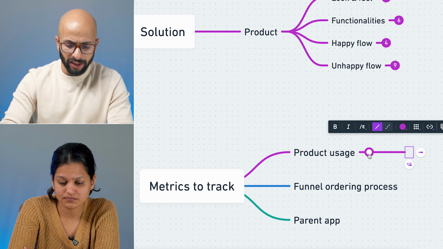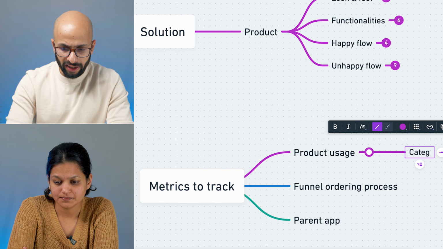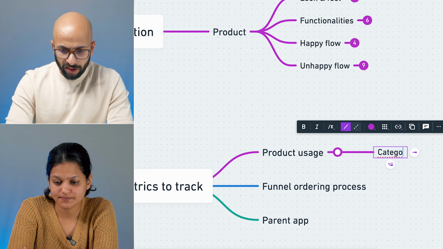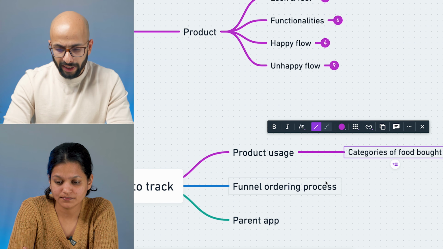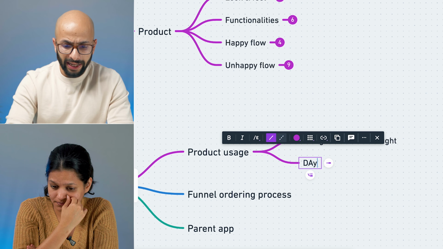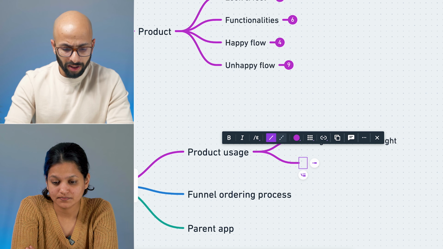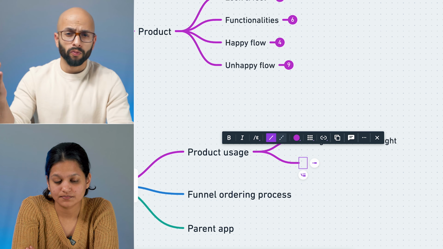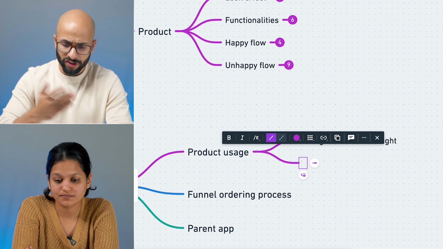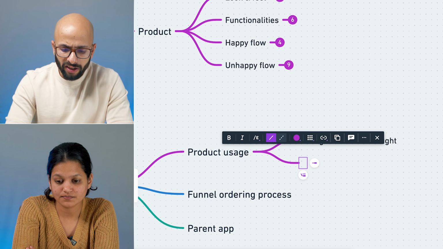In product usage, it's everything from the categories of food bought, right? The day, what days the food orders are more, what days they are lesser. So Monday versus Tuesday, Friday, Thursday, like that.